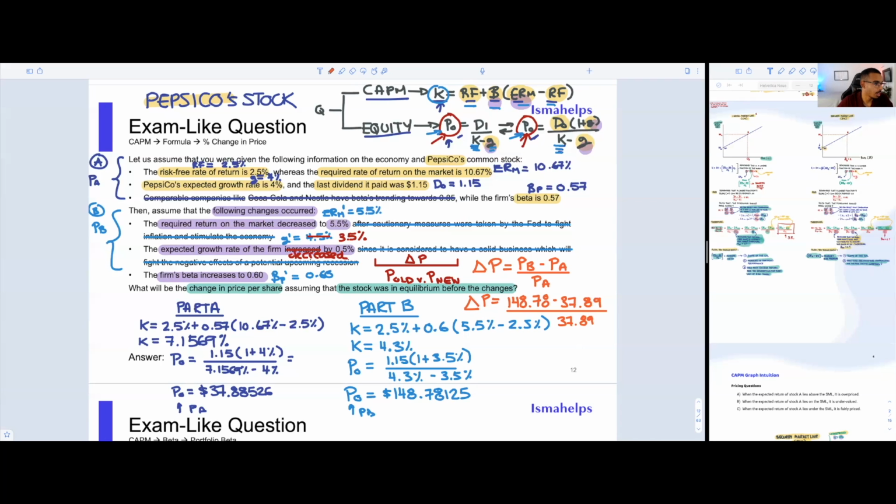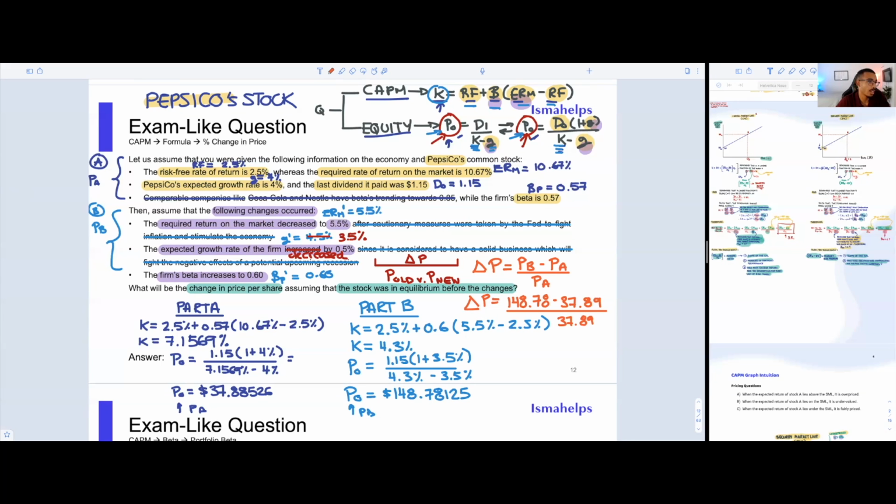We can do this fairly quickly. Give me a sec. $148.78 minus 37.89. Once again, please let me know if I make any errors due to inattention. It's literally so likely. But I think we should be good.